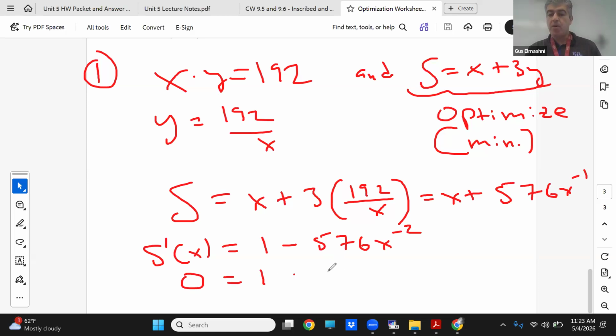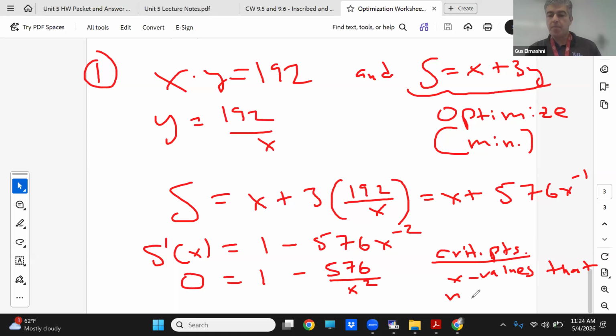And what we're doing is we find something called the critical points. So the critical points, what does that mean? It's the x values that make the derivative 0. Okay, and then solve it.